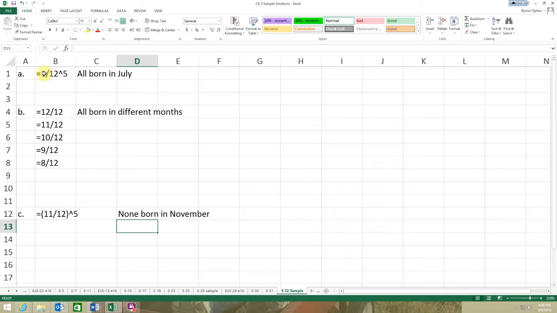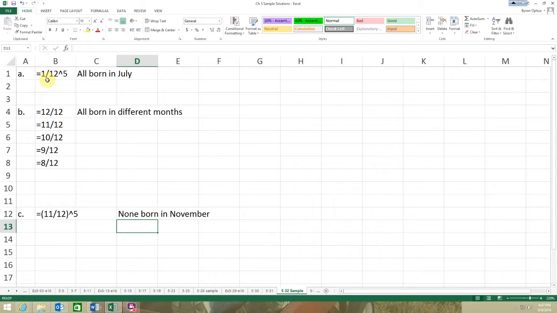So it would be 1 out of 12, right? That's the first one. If you ask the second person, what's the probability that the second person was born in July? It would also be 1 out of 12. And so on and so forth through all 5 people.